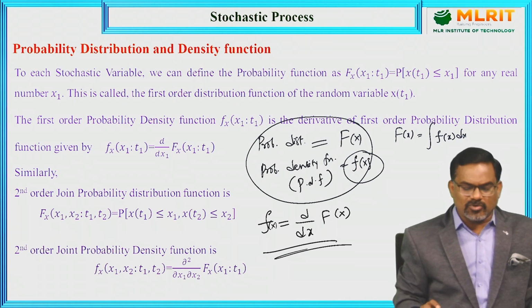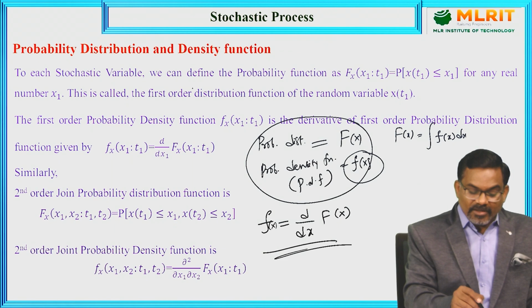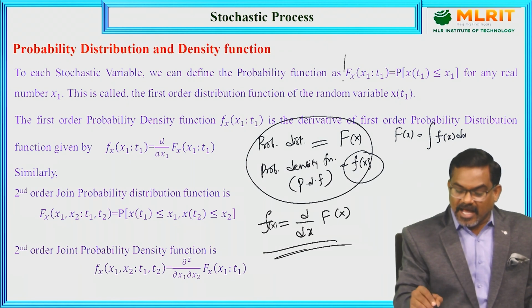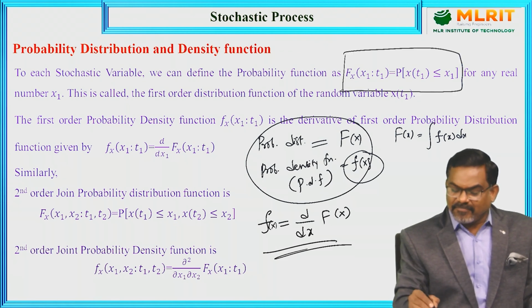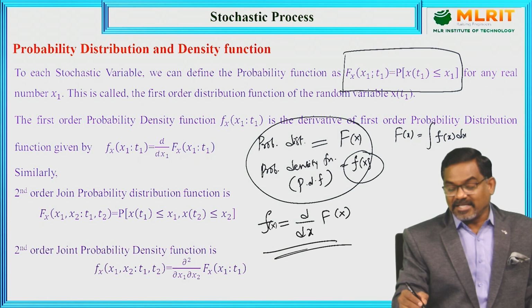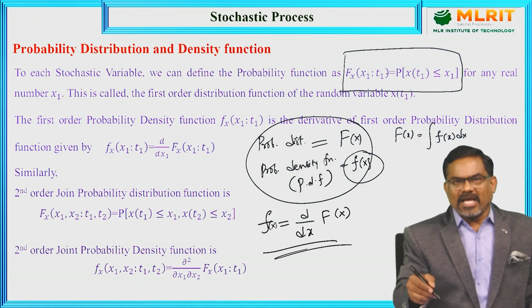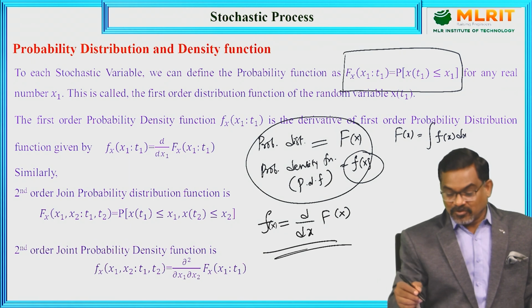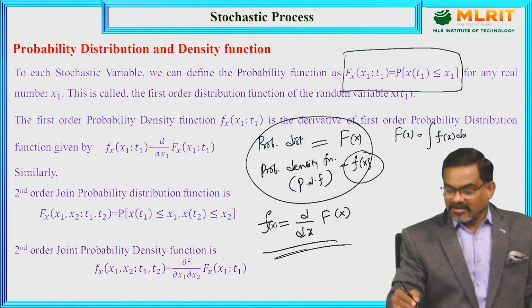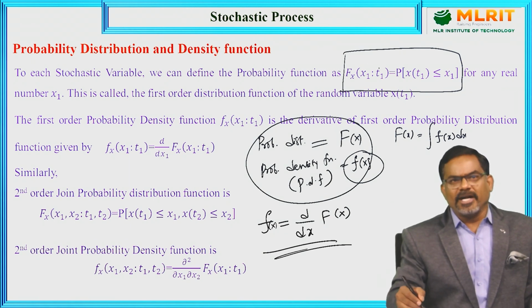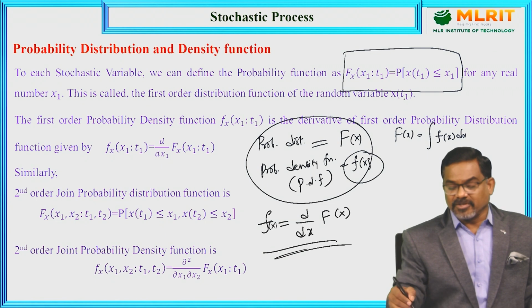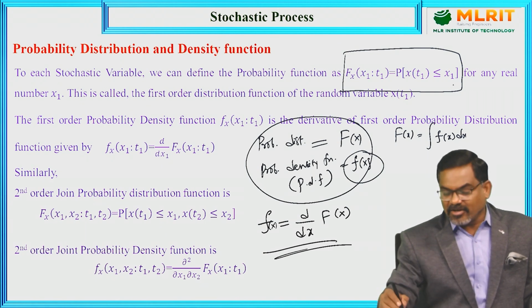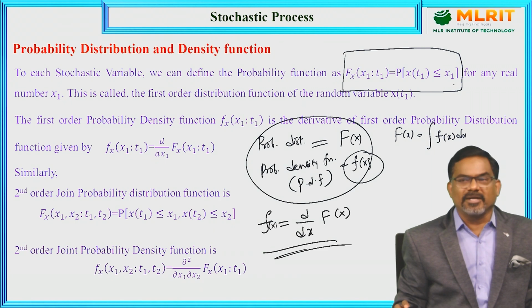Now coming to this stochastic process, we can define the probability function as F suffix X of x1 comma t1. So in stochastic process there are two things, one is the sample point and the time t. So x1 at time t1, this cumulative or probability distribution function is defined as probability of X of t1 less than or equal to x1 for any real number x1.